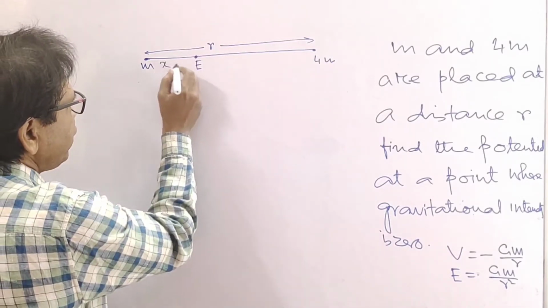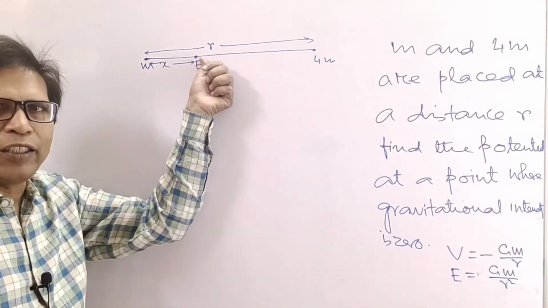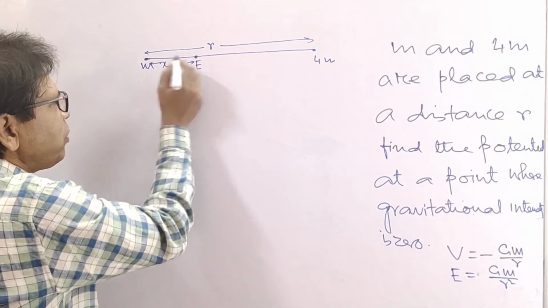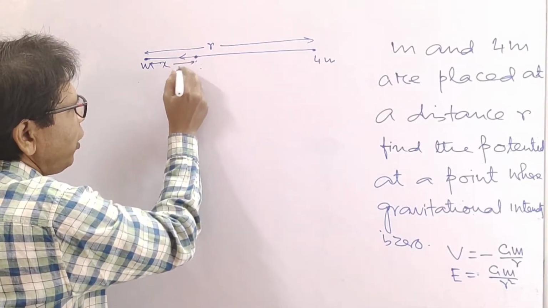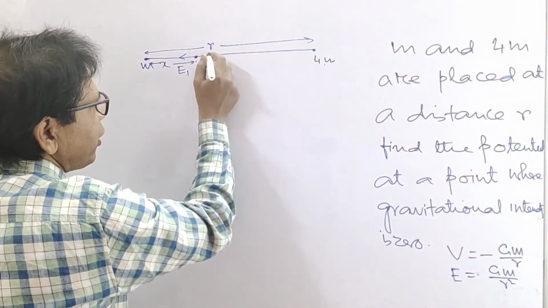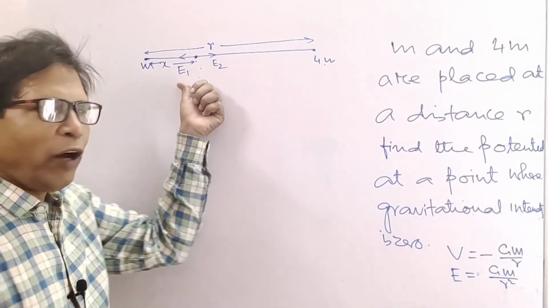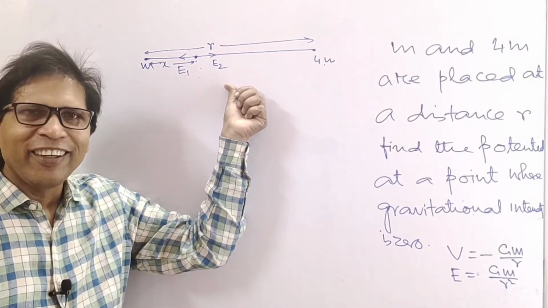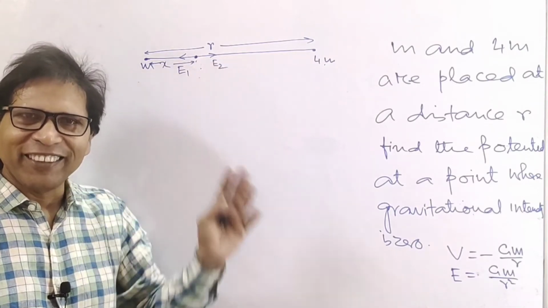Now this distance is x. Gravitational intensity at this point due to this mass is directed along this direction, suppose this is E1, and gravitational intensity at this point due to this mass is directed along this direction, suppose this is E2.